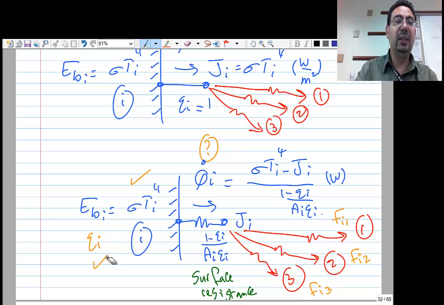So the temperature is given, the property is given. You will work through the tables looking at the geometry, and you will get those fractions. At the end of the day, I'm asking you to calculate the Q leaving surface I and hitting surface 1 and surface 2. And what's wrong with using this formula to do that? Don't have the area? No, you have the area. I'll give you the area. What else?